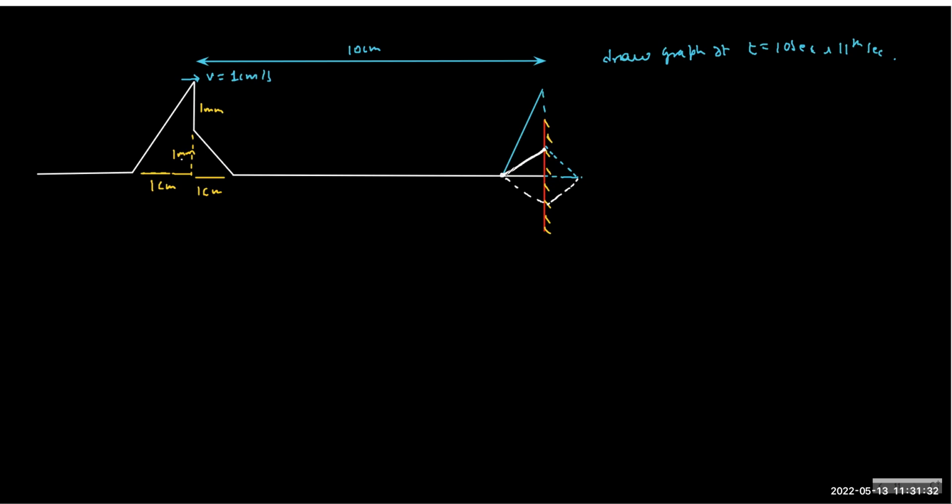So this point will be 0 and 0 for both, so 0, and this point will have 2 above, 1 below, net is 1. And you join the two extremes to get the net shape. So the shape will be like this. This is the final shape. Is it clear? Yes, sir. Understood.